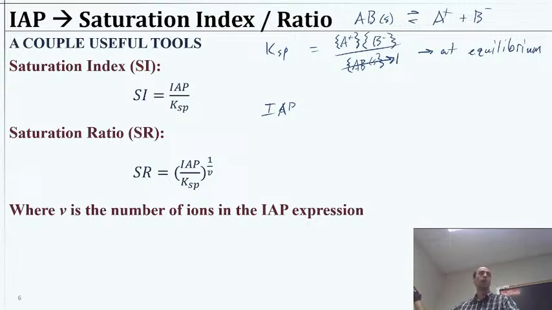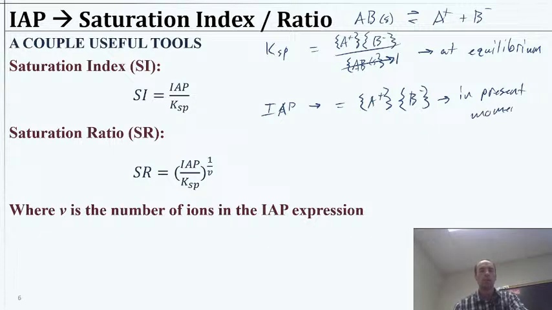We might be supersaturated. Or maybe we just didn't add enough to saturate it in the first place. So this would be essentially the same thing, A times B, but in the present moment.